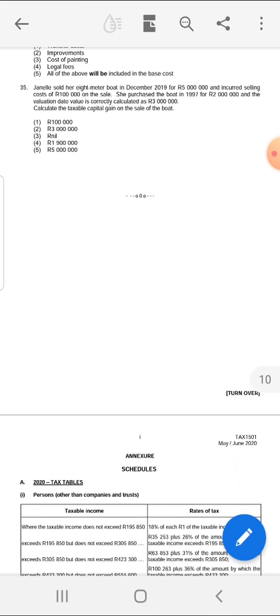Then 35, Janelle sold her 8-meter boat on 1 October for 5,000,000 and incurred selling costs of 100,000 on the sale. She purchased the boat in 1998 for 2 million and the valuation value was correctly calculated as 3 million. Calculate the taxable gain.